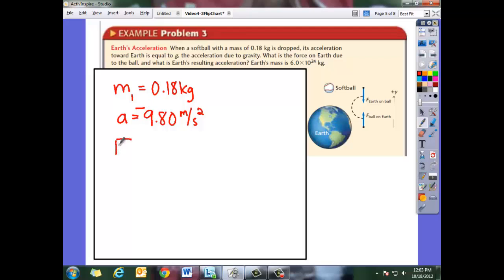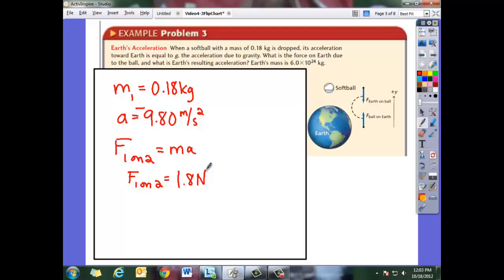If I want the force of 1 on 2, I simply take the mass times the acceleration. So I'm going to plug into my calculator 0.18 times 9.8, which is 1.764, but I only need 2 significant figures, so that is 1.8 newtons.